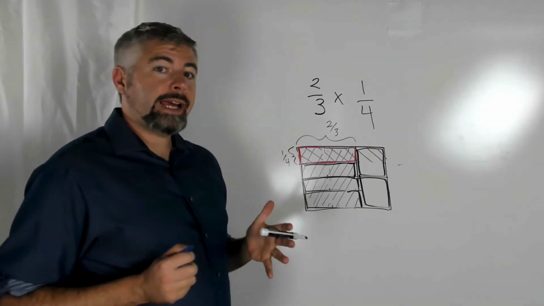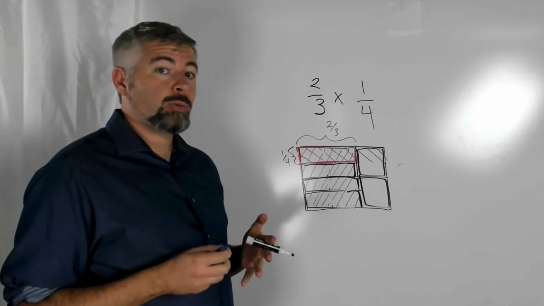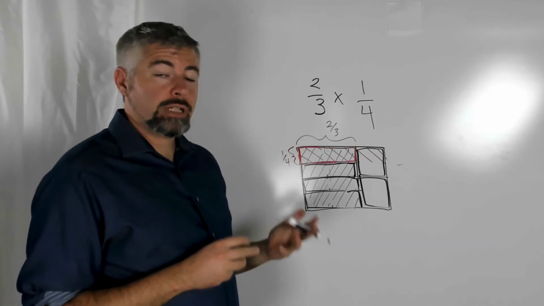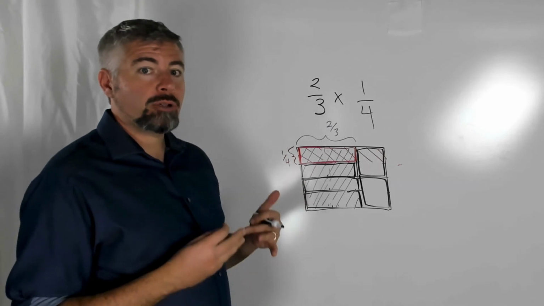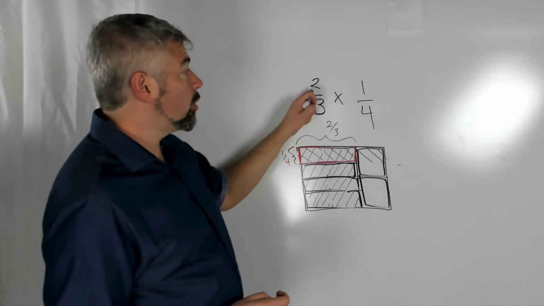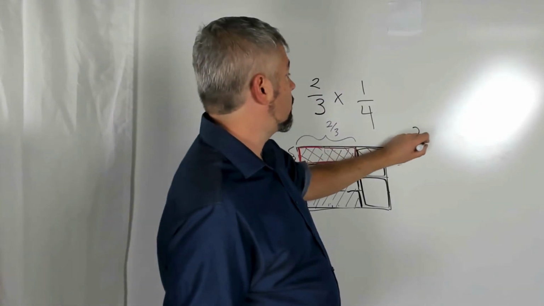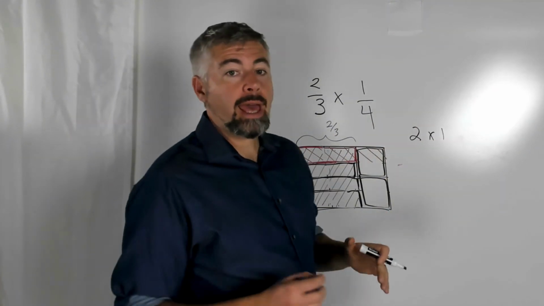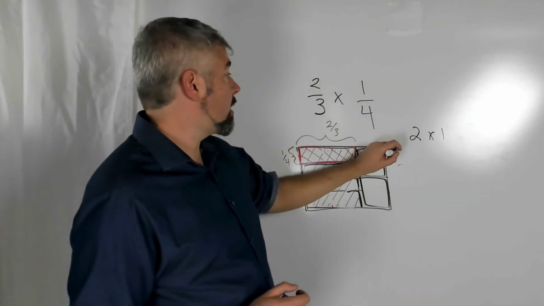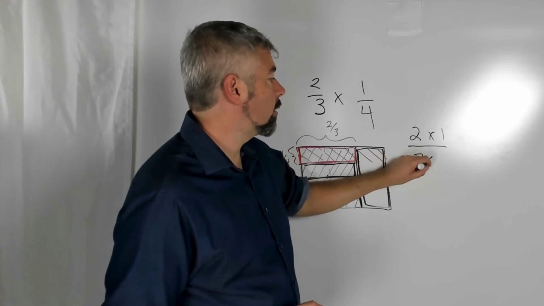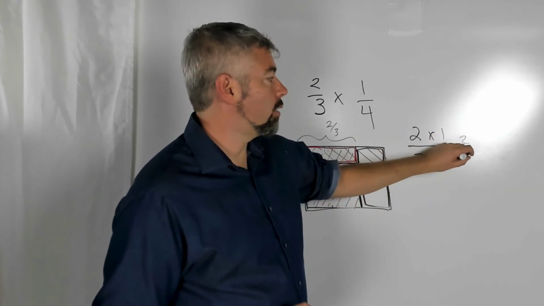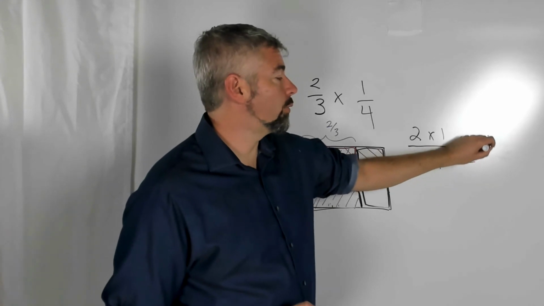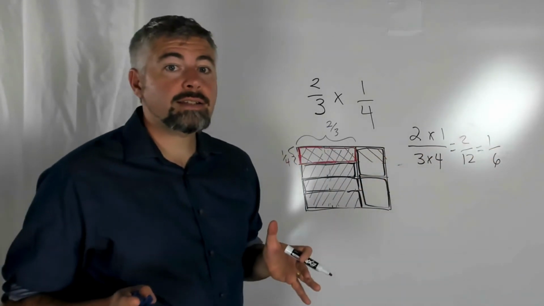Now, using an area model like this is also a great way to lead into the traditional algorithm for multiplying fractions. If you remember, in the traditional algorithm, we will multiply across the top, 2 times 1, and we'll multiply across the bottom, 3 times 4, to get our result of 2/12 or 1/6.